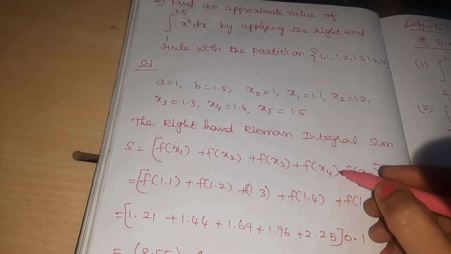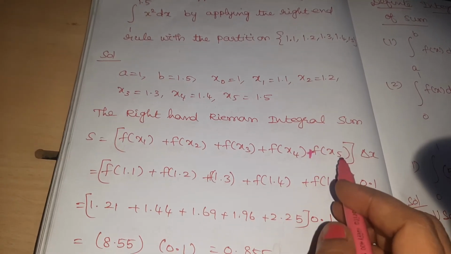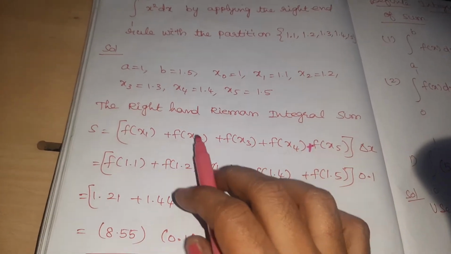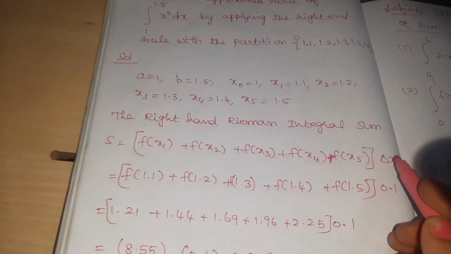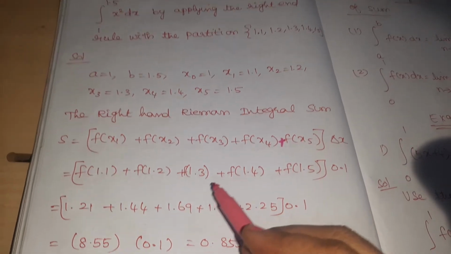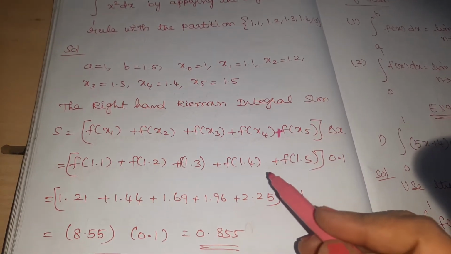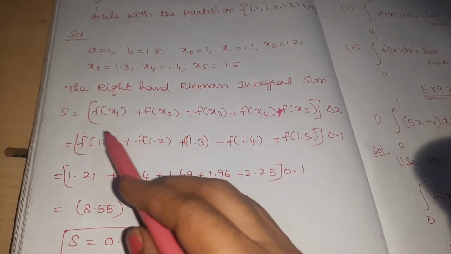Actually you have to write f of x5, x4, x3, x2, x1, so I am writing in reverse order, into delta x. So f of 1.1 plus f of 1.2 plus f of 1.3 plus f of 1.4 plus f of 1.5, into 0.1. Here the function is given as x square.